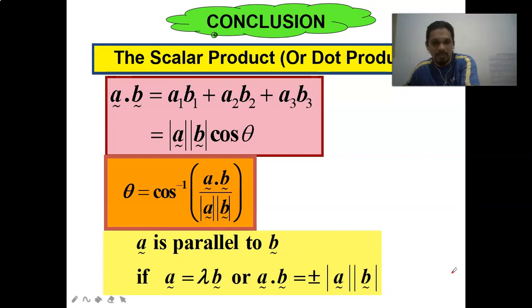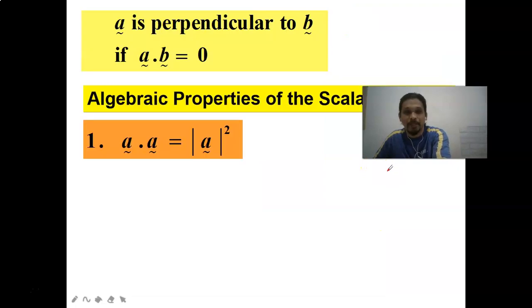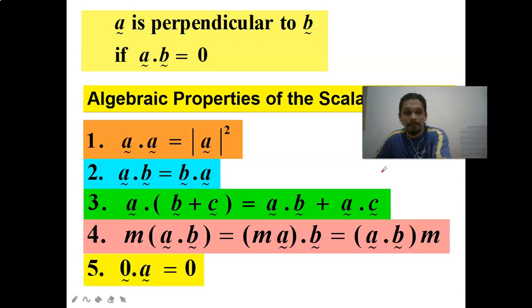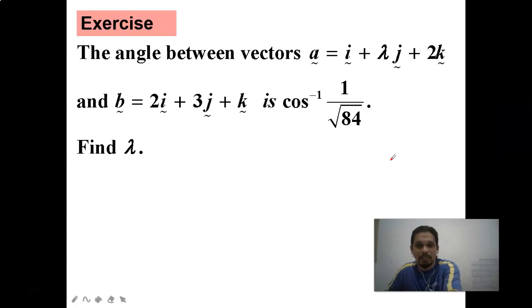As you see on the screen now, please do recall and begin with the exercise to make yourself better at understanding the process of finding the answer and solution for these questions of scalar product. I'm not going to explain everything one by one here.